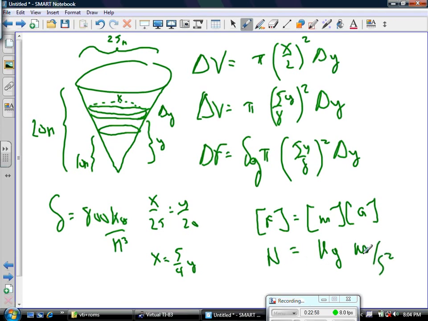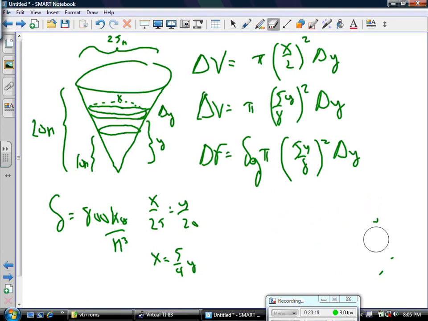So newtons is shorthand for kilogram meters per second squared. That's what I have here. The density, in kilograms per cubic meter, times this volume, in cubic meters, gives me kilograms, times the acceleration due to gravity, g, in meters per second squared. So this is newtons. Okay, great.